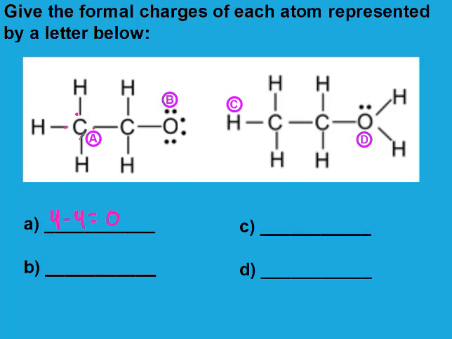Oxygen came in with 6, and it currently has 1, 2, 3, 4, 5, 6, 7. So that's a negative 1. C is hydrogen. Hydrogen came in with 1, and it currently has 1, so that's a formal charge of 0. Oxygen came in with 6, and it currently has 1, 2, 3, 4, 5, so that's a positive 1.